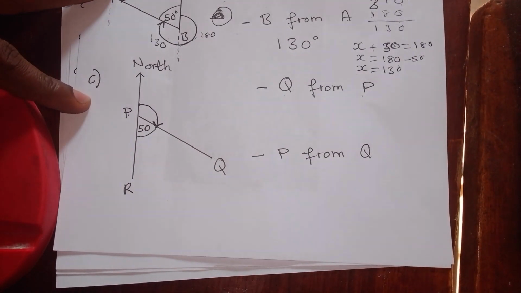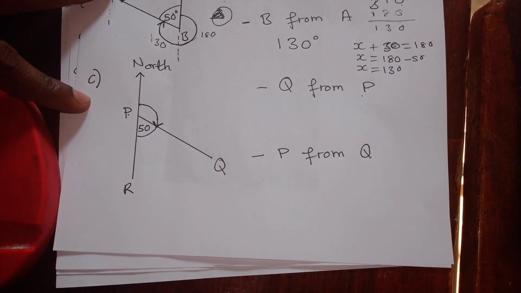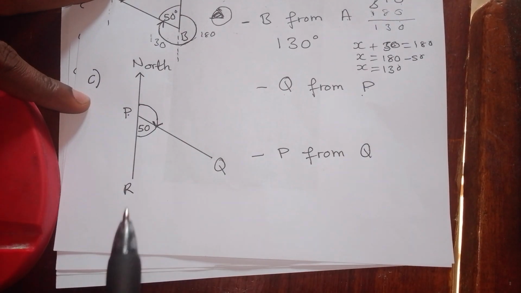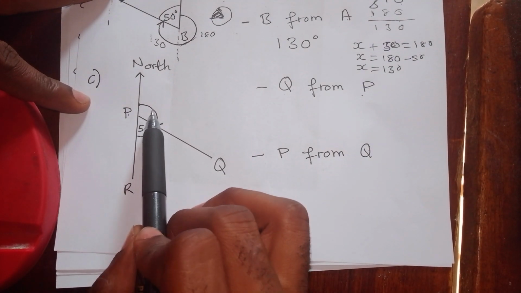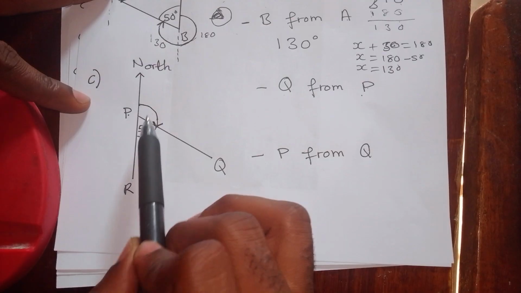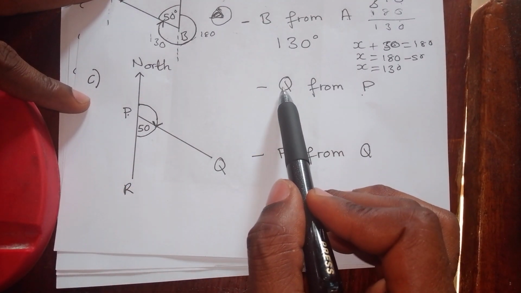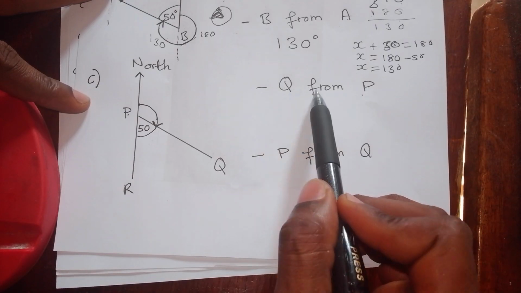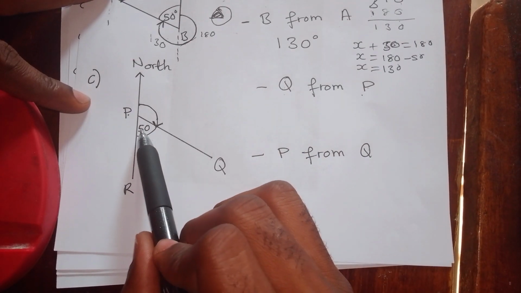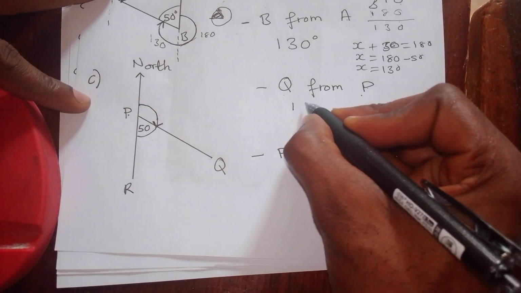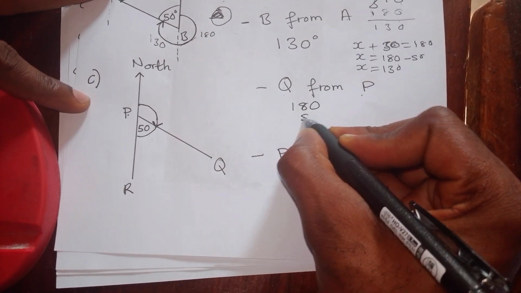And then to find this angle, of course, you know that this is a straight line, and that when you add this to this, you should get 180 degrees. So to find this angle, which is the bearing of Q from P, you can simply subtract 50 from 180. So you can say 180 minus 50.